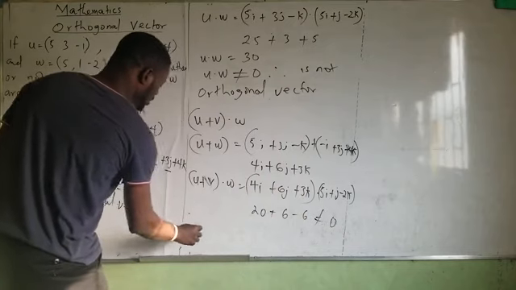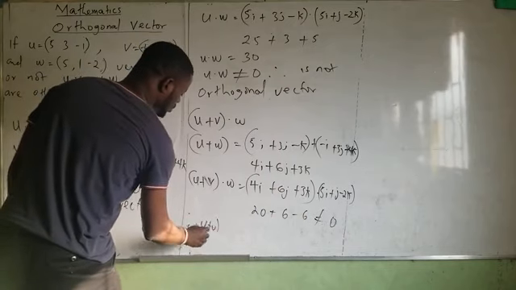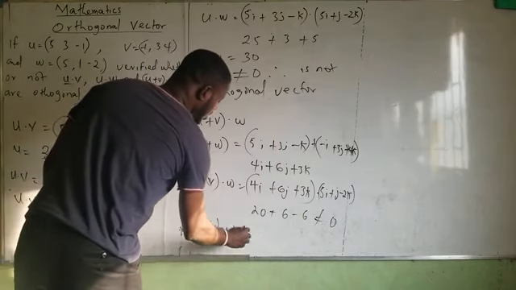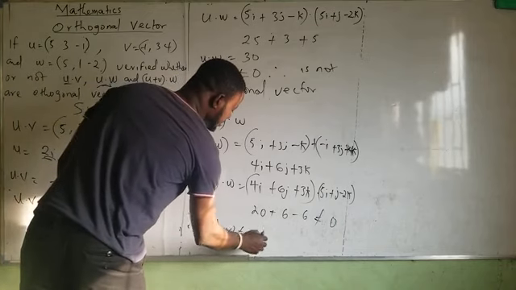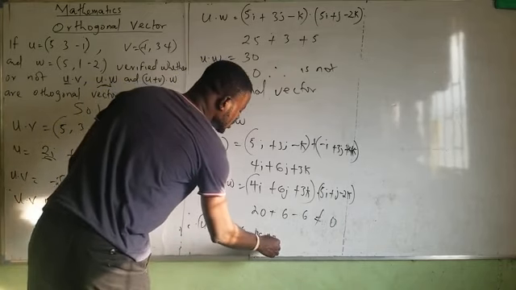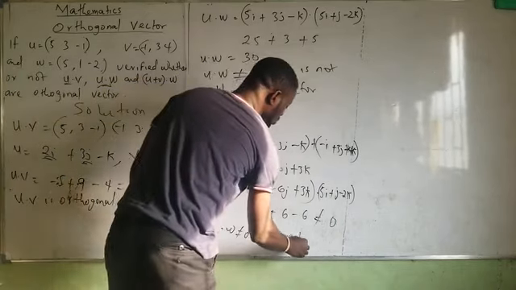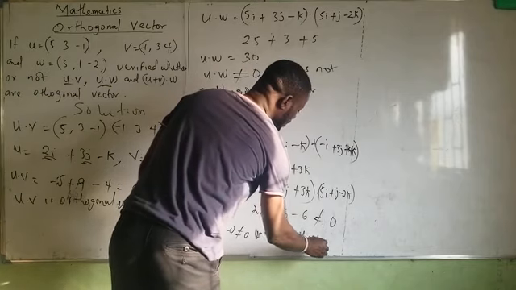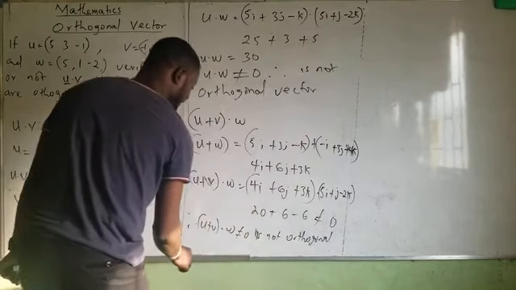Therefore, U plus V dot W is not orthogonal vector.